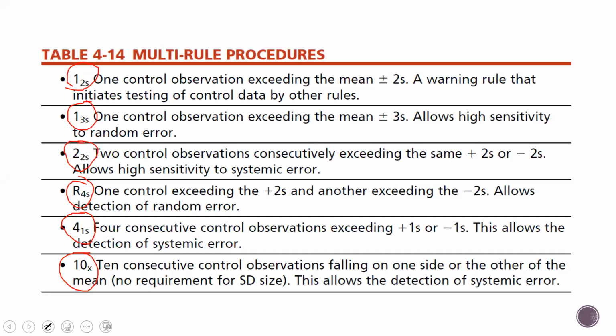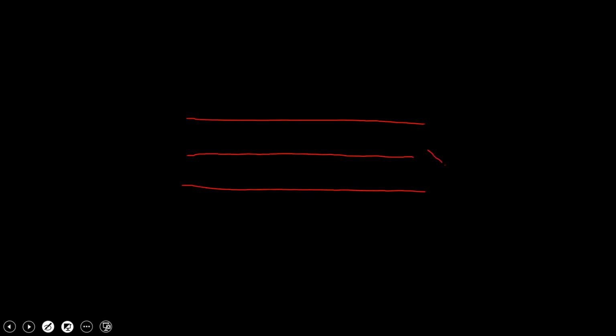Then, we have 4-1S. When we talk of 4-1S, so this is your mean. 4 na points daw. 1, 2, 3, 4 is confined only sa 1SD. Ayan.